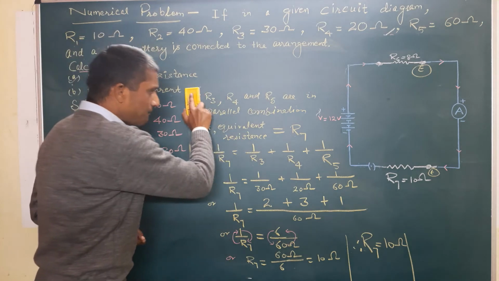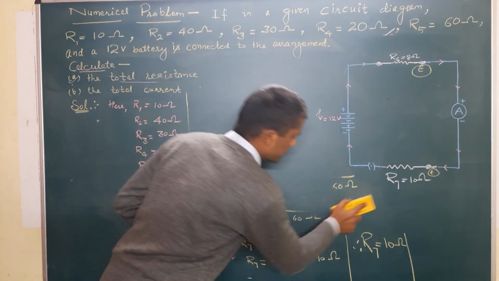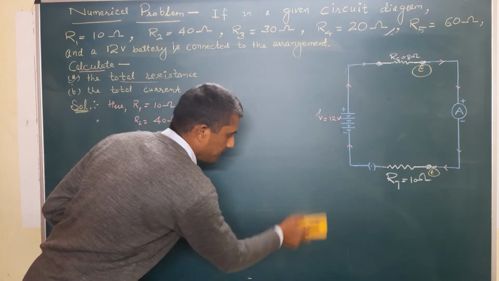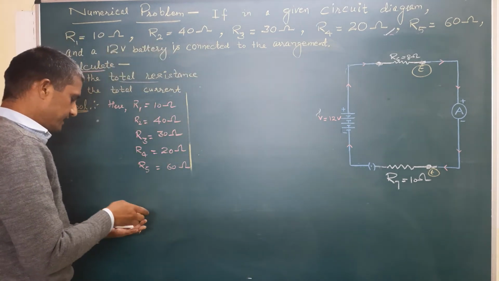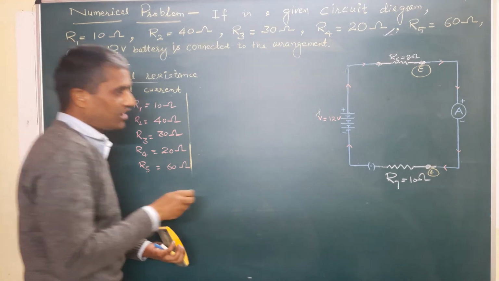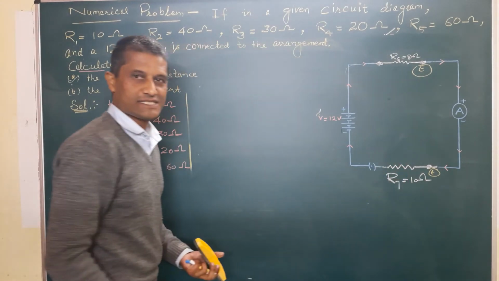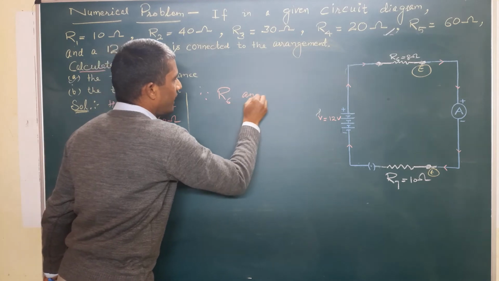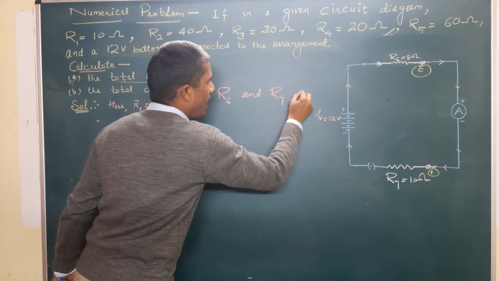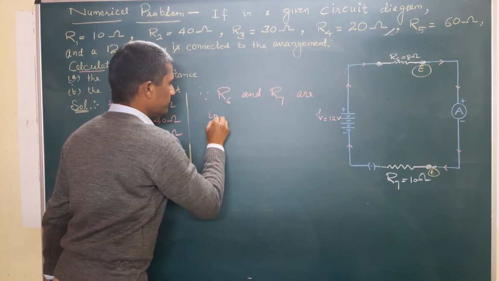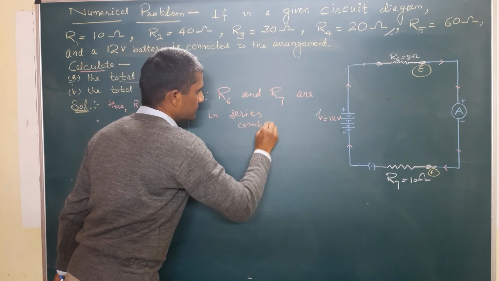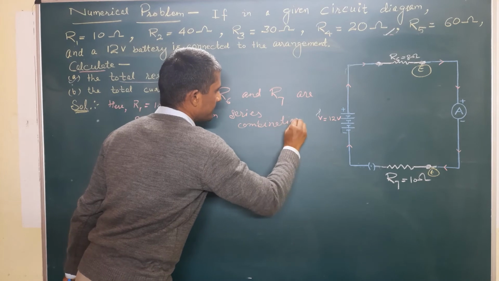So finally we are inching towards the solution of question part number 1. It is quite clear from this circuit diagram that R6 and R7 are in series combination.